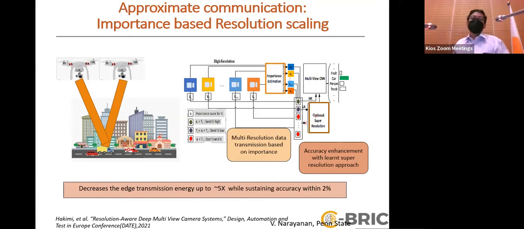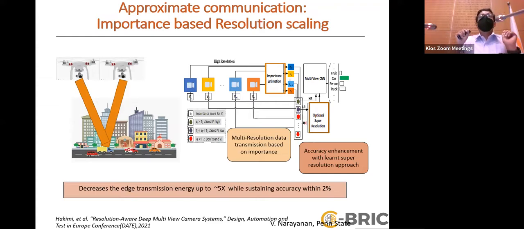So in this particular follow-up work, we went from 3x reduction to 5x reduction, albeit at a cost of a 2% accuracy loss. What we end up doing here is we use these weights above the threshold to determine the resolution at which I need to send the image, right?